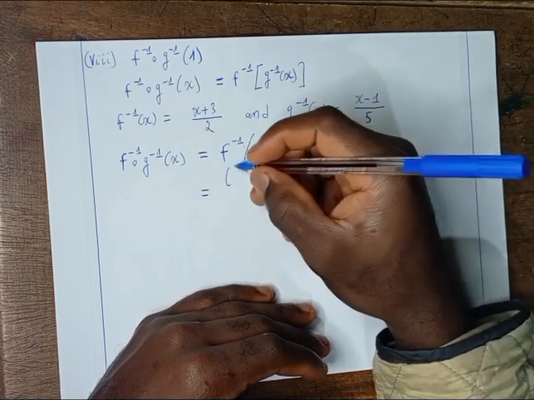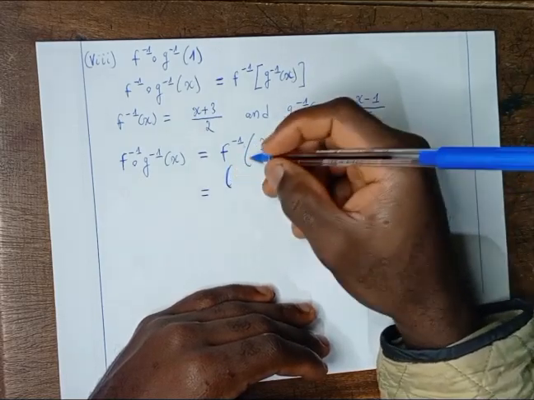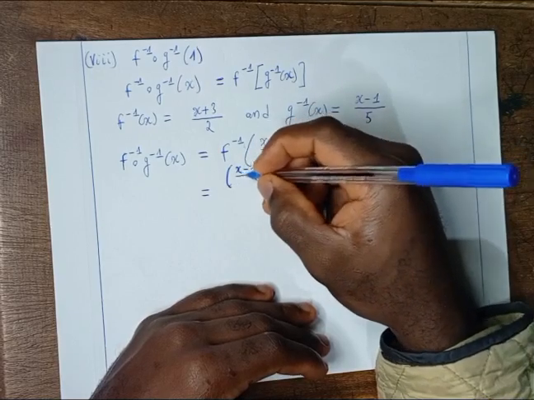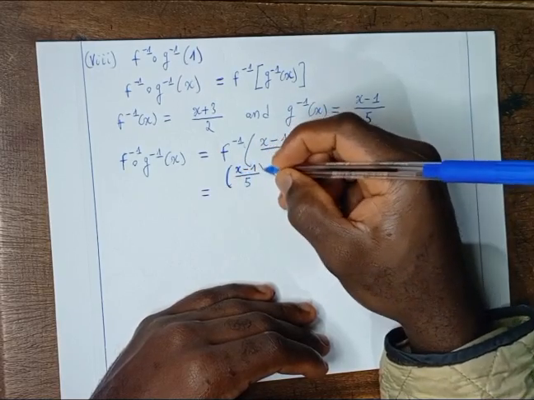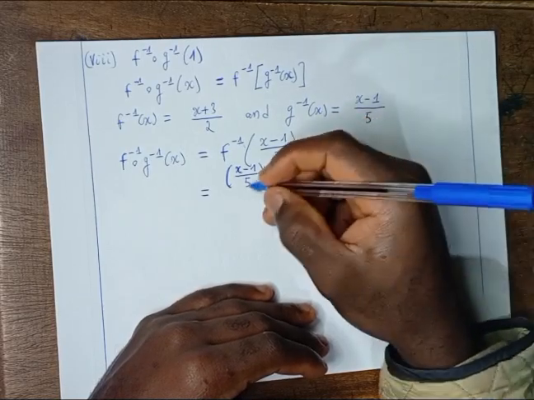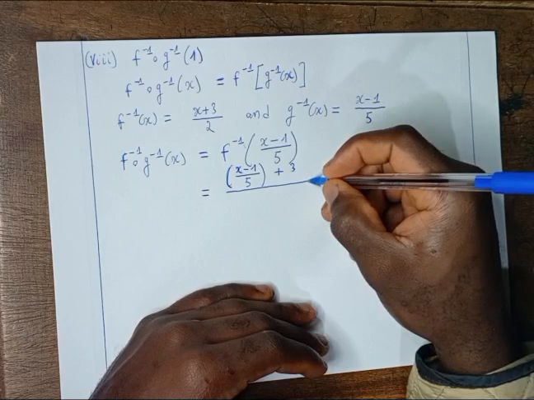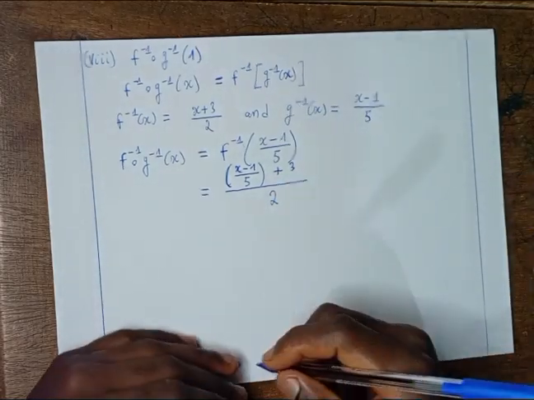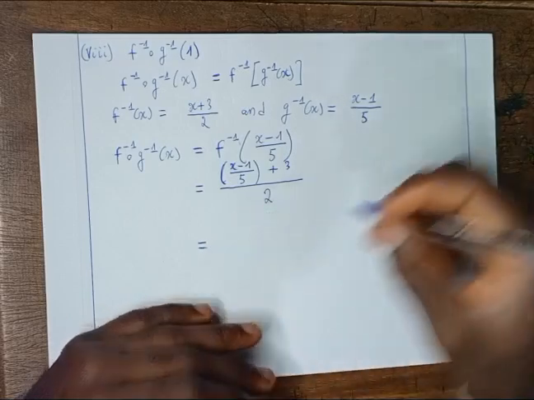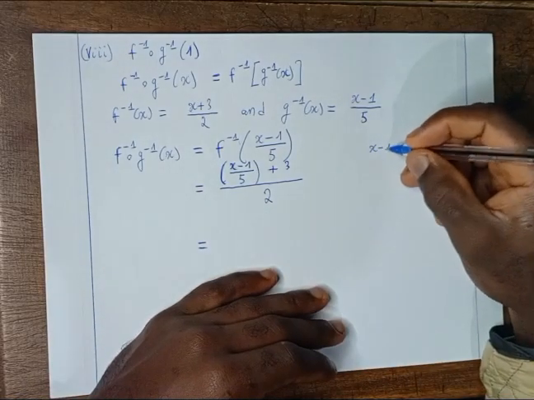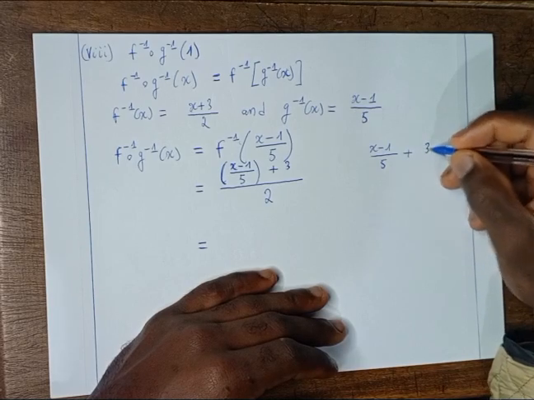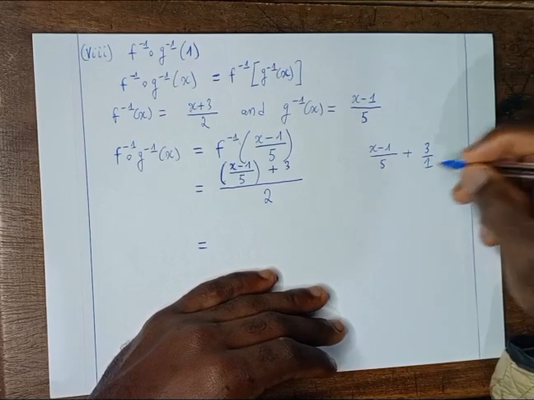So this will give us, put in a bracket as such, since this is a fraction, x minus 1 all over 5, plus 3, all over 2. Next, we need now to simplify. If I take x minus 1 all over 5 plus 3, I write 3 as 3 over 1.